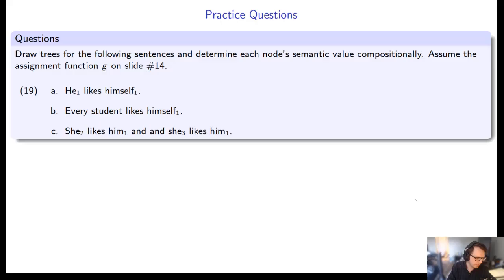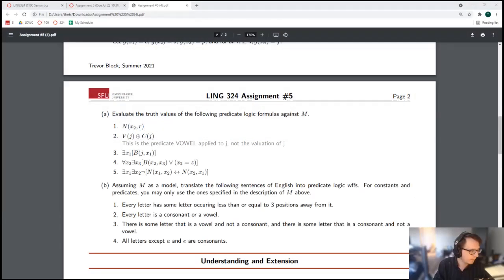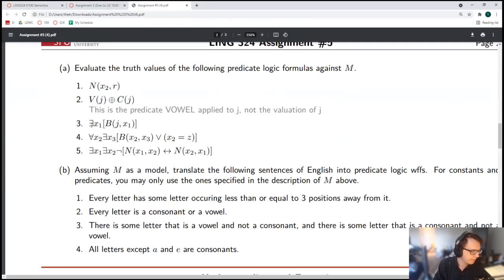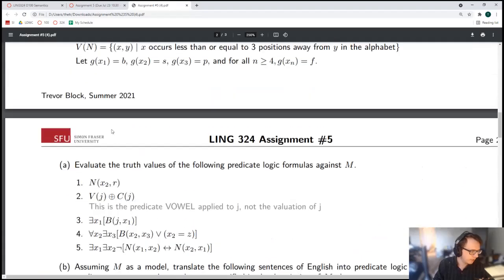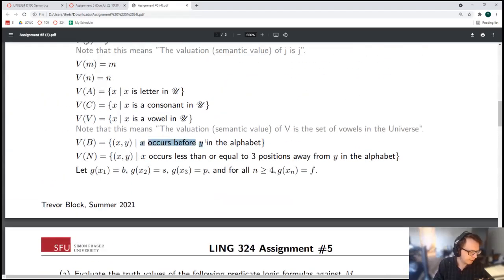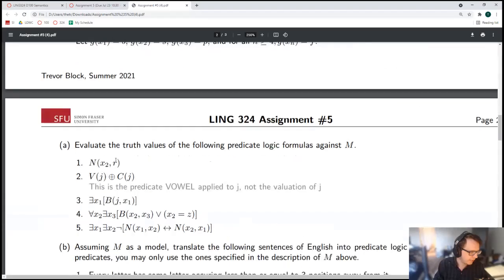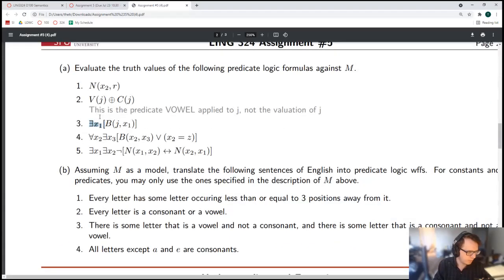So like in 3, this is saying there exists an x1 such that B J x1. B is saying x occurs before y in the alphabet, so this is saying there is some letter where J occurs before that letter.